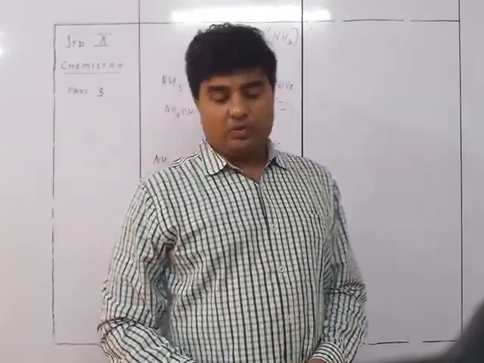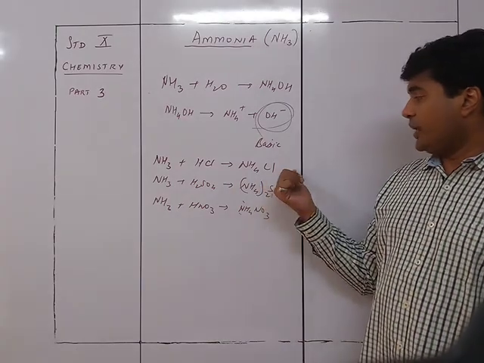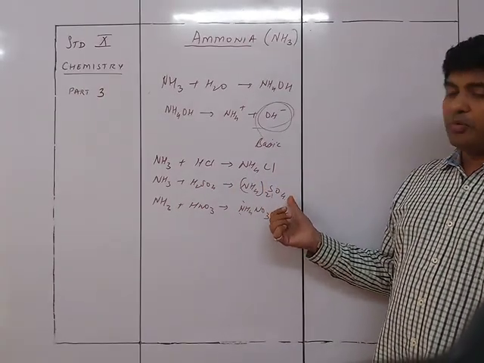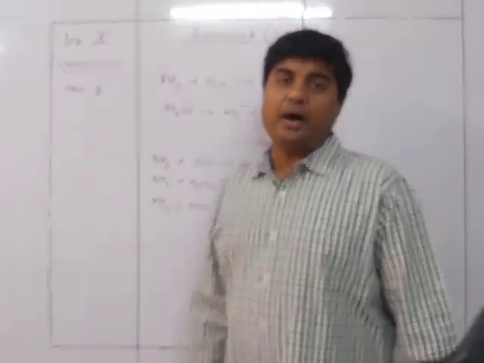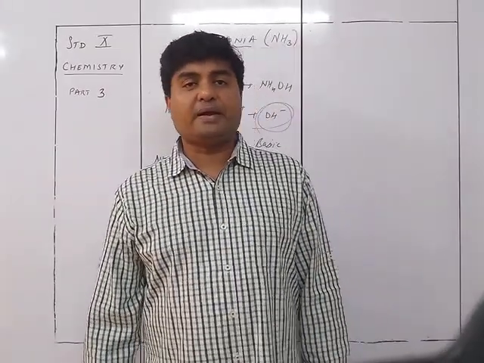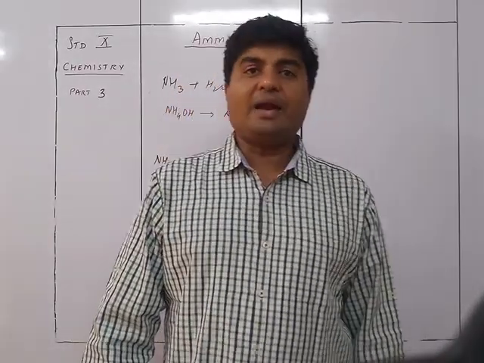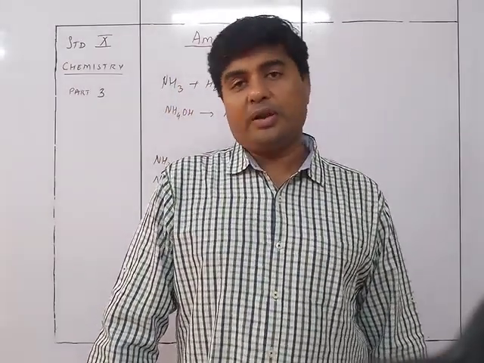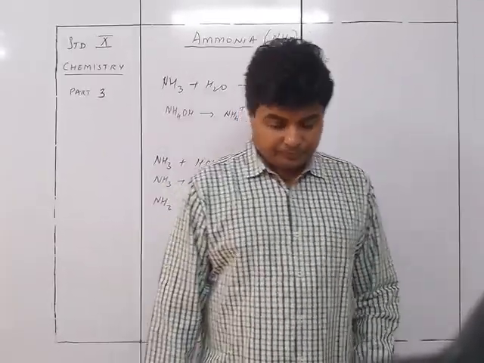That is how you get ammonium chloride, ammonium sulfate and ammonium nitrate when ammonia reacts with the respective acids: hydrochloric acid gives ammonium chloride, nitric acid gives ammonium nitrate, and sulfuric acid gives sulfate.